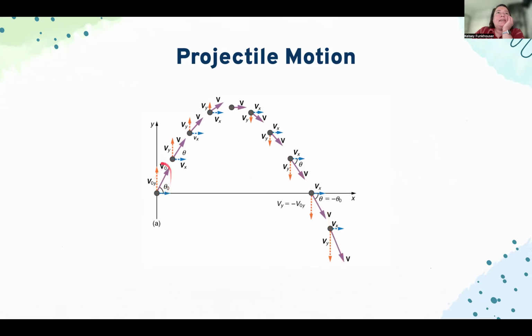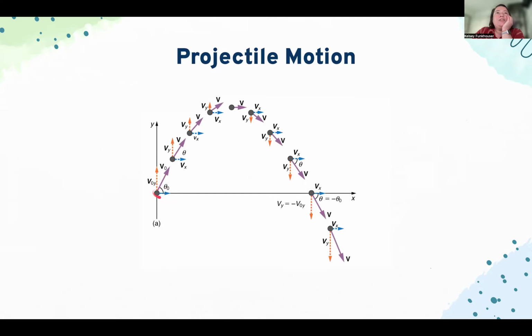It is the vector you get if you did vector addition of the y component, which is this orange-ish one, and the x component, which is this blue one.